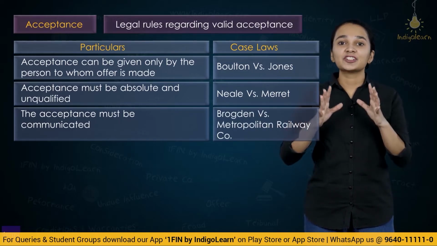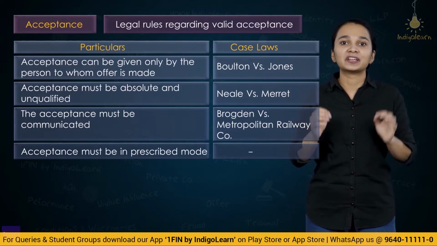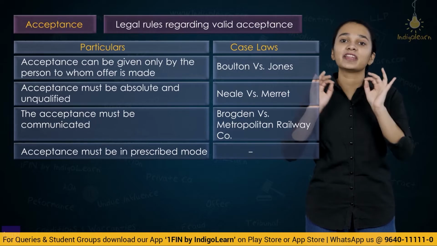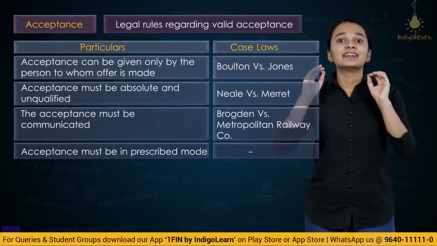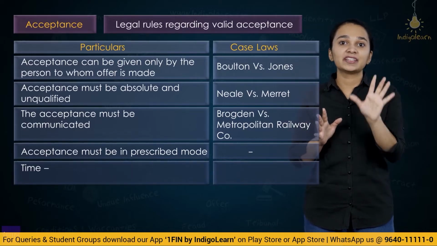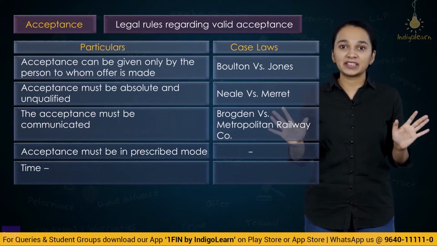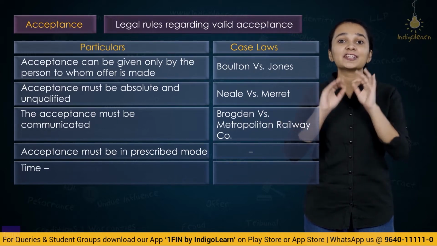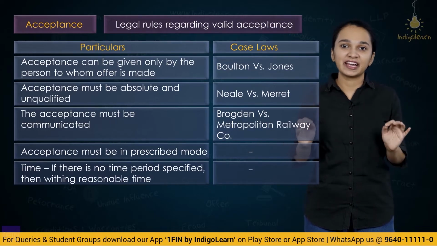After this, we have understood that acceptance must be given in a prescribed mode. If there is a mode which has been prescribed, then the acceptance has to be given in that mode only. And regarding time of acceptance, if there is a specified time period in the offer, then the acceptance has to be given within that time period. Or if there is no specified time period, then within a reasonable time.